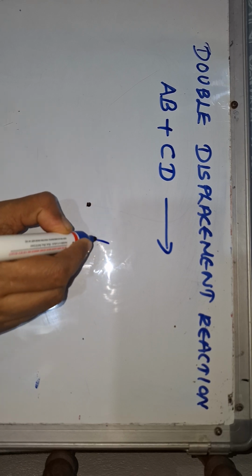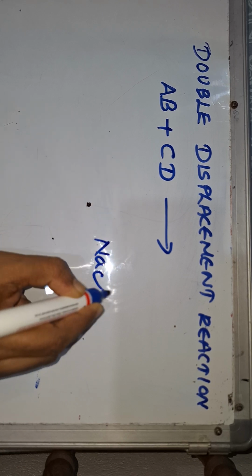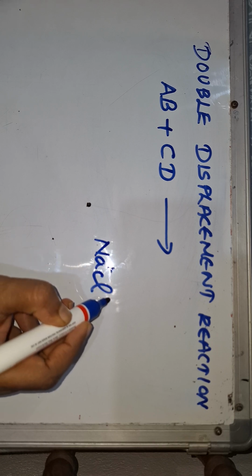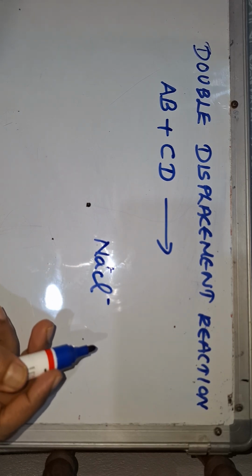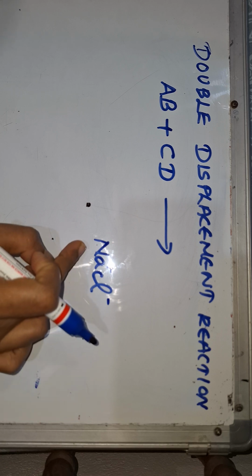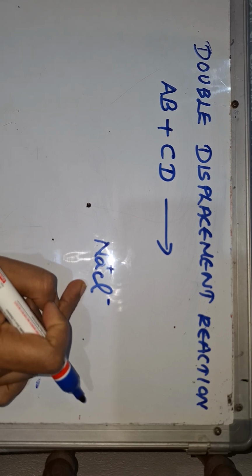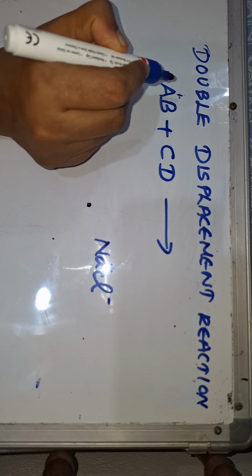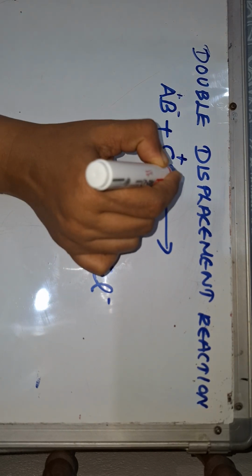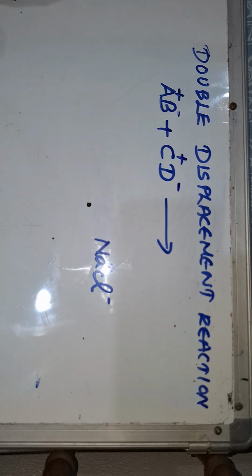So when we usually write a compound like sodium chloride, the first element will be of positive charge and the second element will be of negative charge. Okay, so we will write like that in such an order: metal first, then non-metal. So here A will be of positive charge, B will be of negative charge, C will be of positive charge, D will be of negative charge. So what will happen?